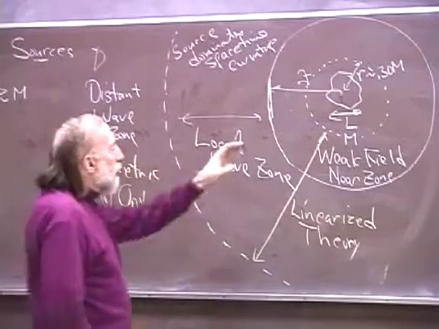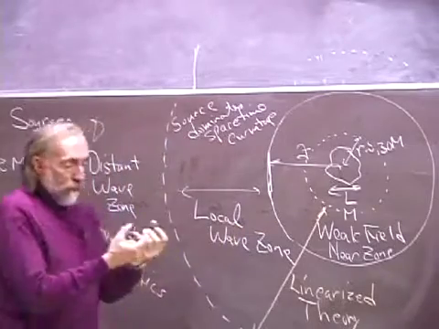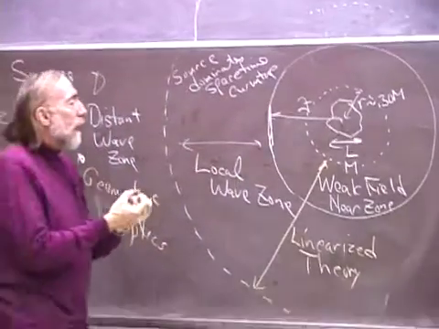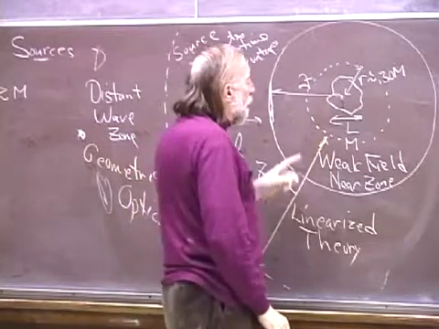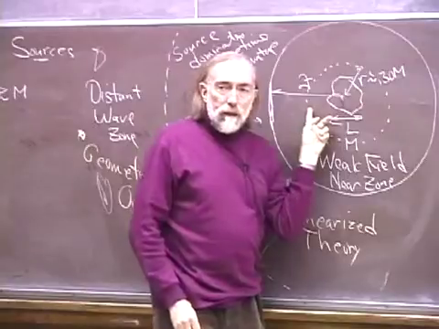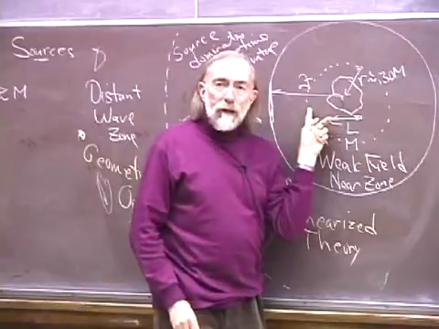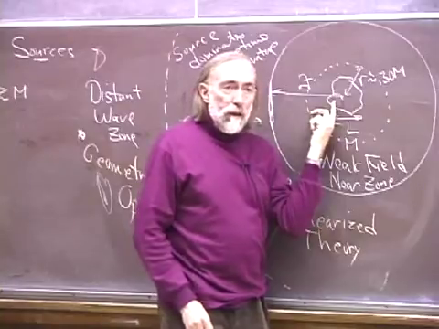If the source itself has strong internal gravity, as in the case of two black holes that are orbiting each other, or a spinning neutron star, then one is going to have to use strong gravity techniques, fully nonlinear techniques, to analyze the source and its immediate vicinity.